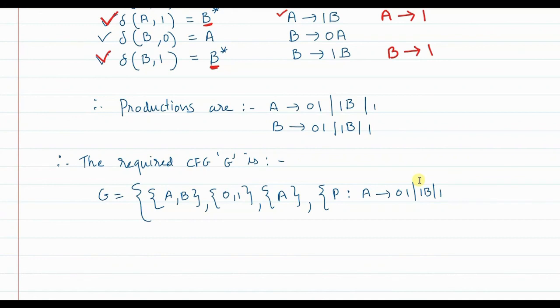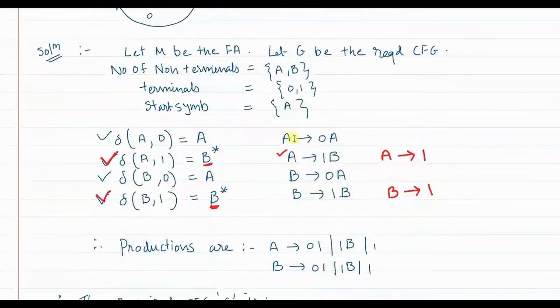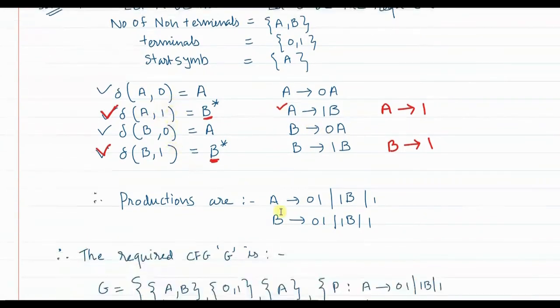A gives 1B or 1. So this is not 0 1, this is 0A. Here also it is 0A. By mistake I have written 0 1. It cannot be 0 1.